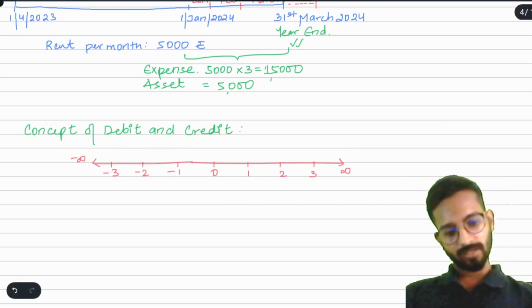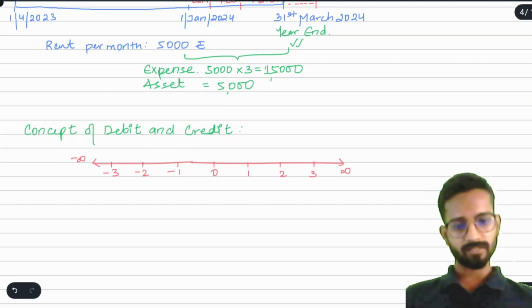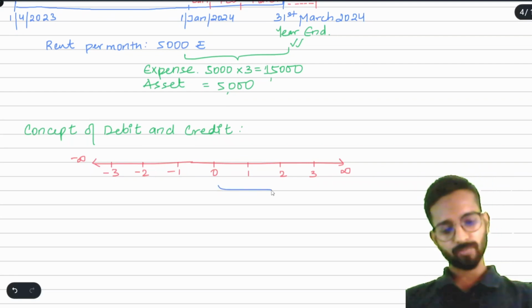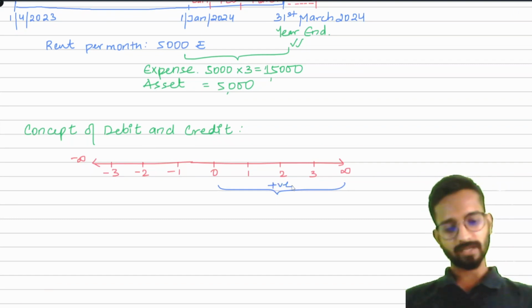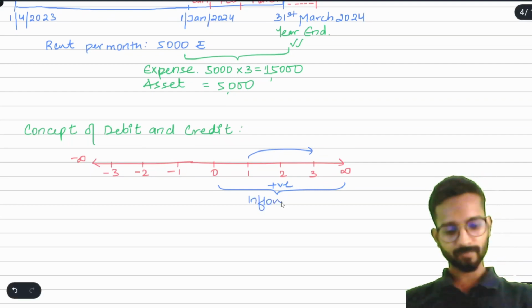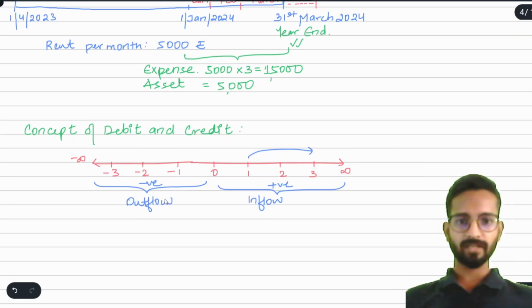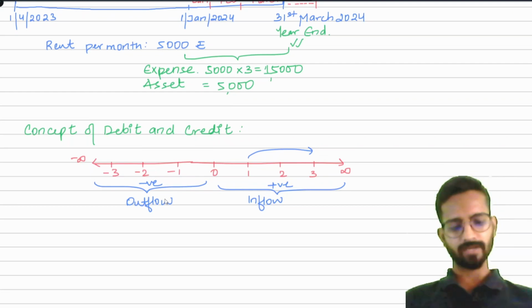Now if we start from cash transactions, this is the positive side, and positive side means if I am going from 1 to 3, there has been an inflow of cash, I am receiving the cash. So I can write here inflow of cash, and if it is in negative, I can write here it is the outflow of cash. We are thinking from the viewpoint of cash transactions, whether cash is coming in or going out, whether there is an inflow of cash or an outflow of cash.